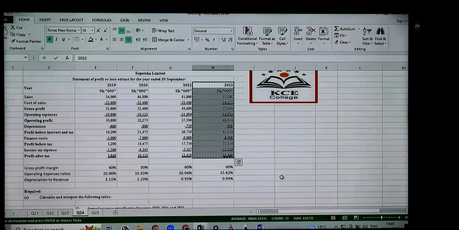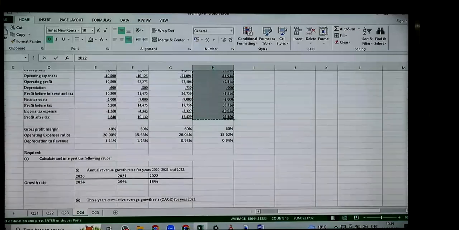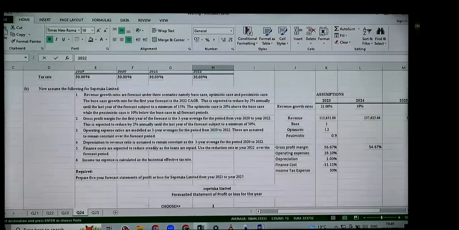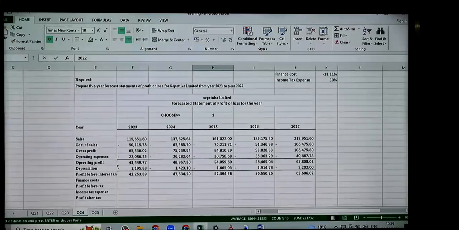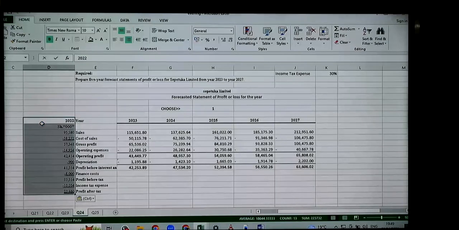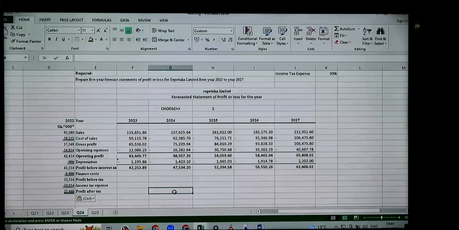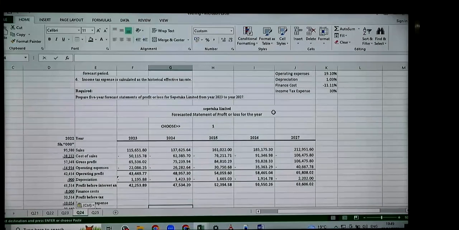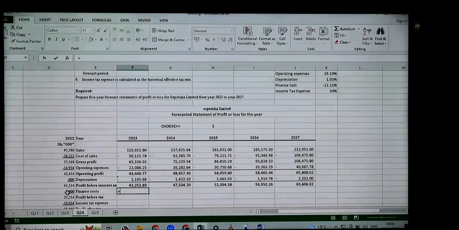Control C. So let me put 2022 here, control V. So these are the finance costs. The reduction rate is 11.1%. So for our finance cost for our forecast, we'll take this one here.